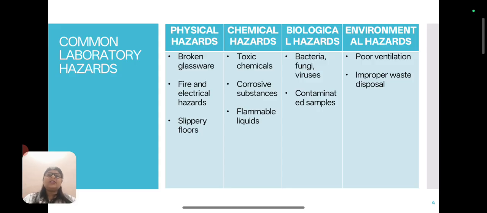Biological hazards. Microorganisms like bacteria, fungi, viruses can spread infections and various kinds of diseases if proper precautions are not taken. Environmental hazards. Poor ventilation and improper disposal of wastes can make the laboratory unsafe.